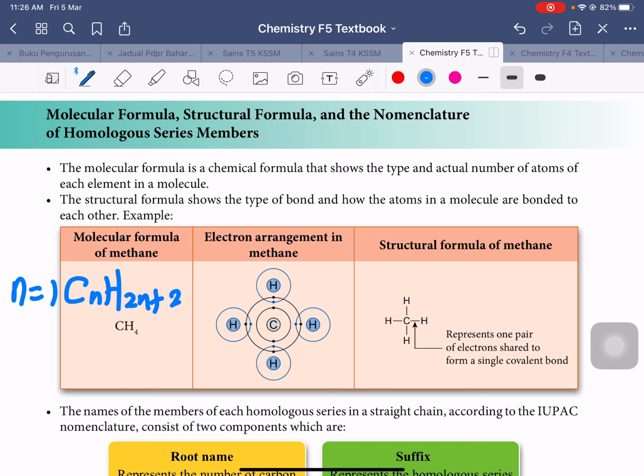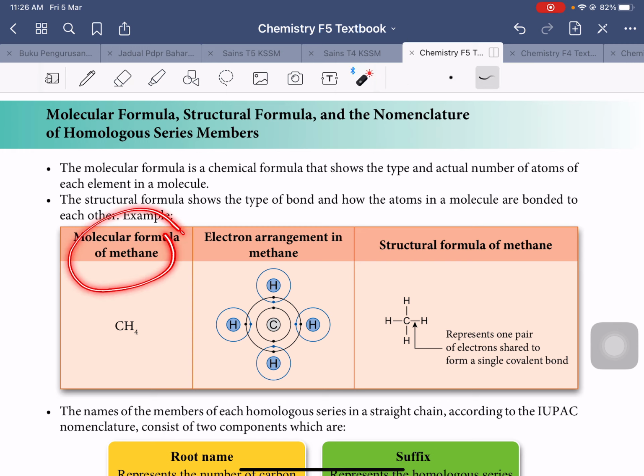Kita bermula dengan 1, so it will be CH4. Jadi kalau n sama dengan 2, masuklah C2H, 2 kali 2 4, and then 4 tambah 2 6, C2H6, and so on. Begitu cara untuk dapat dia punya molecular formula.